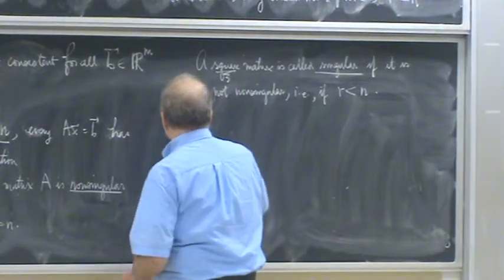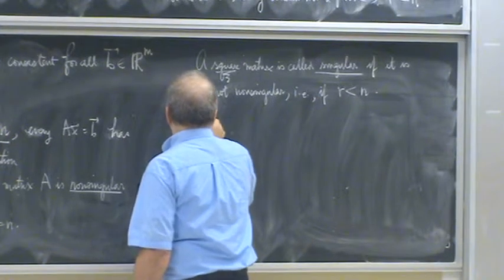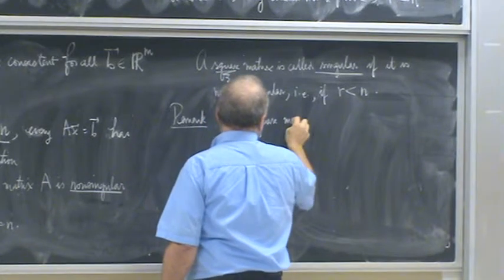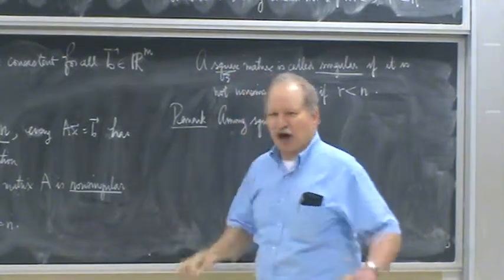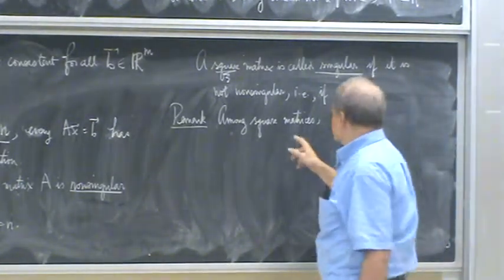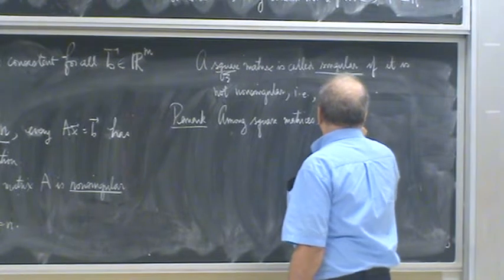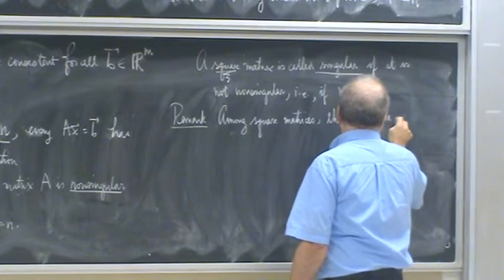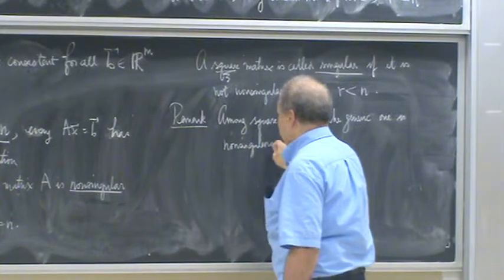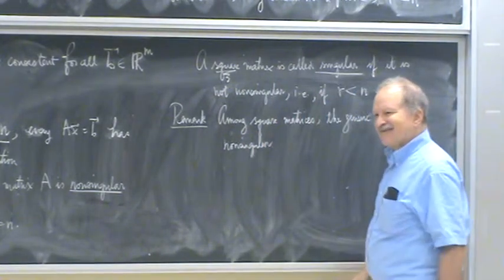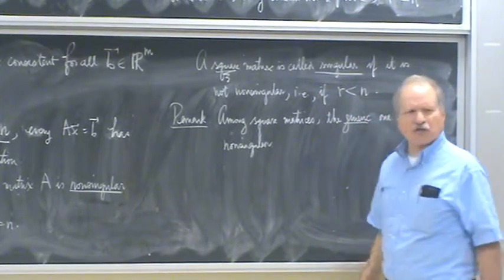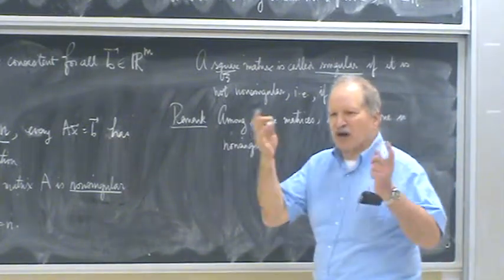So the remark here is, among square matrices, in the world of square matrices, so round matrices aren't allowed in, the generic one is non-singular. What do I mean by generic? If you just randomly assign things, you just picked one at random.